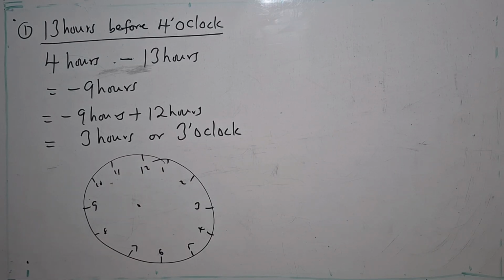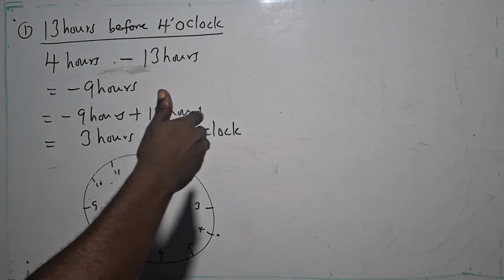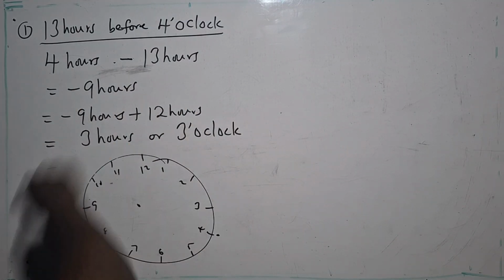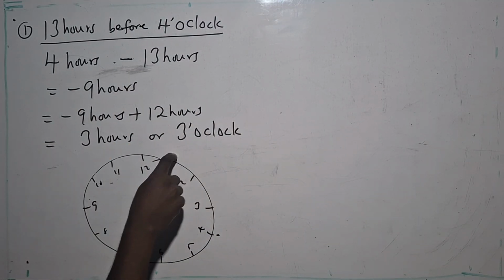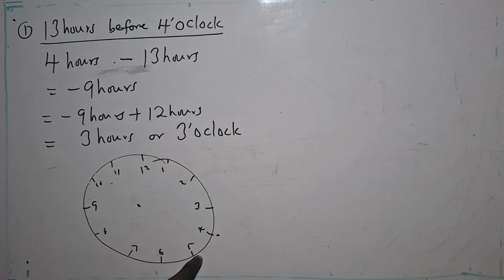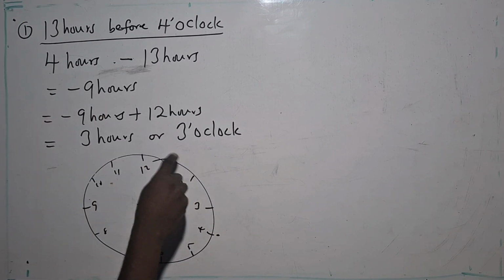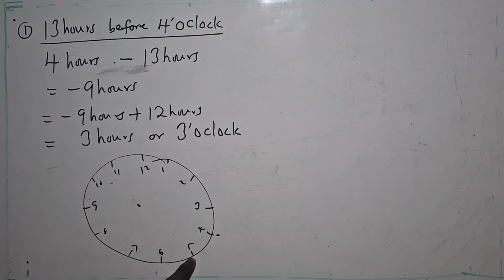So from 4, 13 hours ago, you are going to count anti-clockwise. Let's count backwards: 1, 2, 3, 4, 5, 6, 7, 8, 9, 10, 11, 12, 13. So it's going to be here, 13. So our answer is correct in application of the modulo.